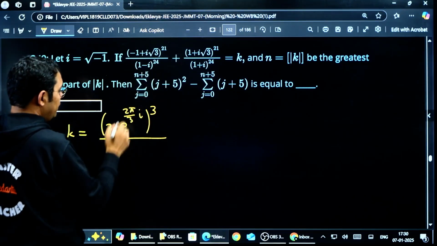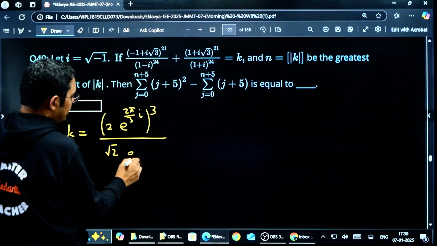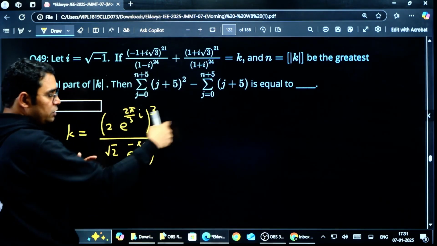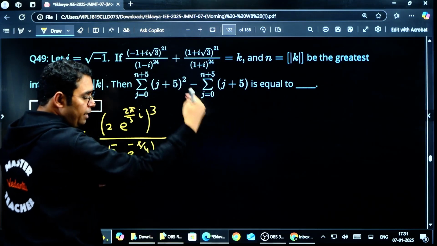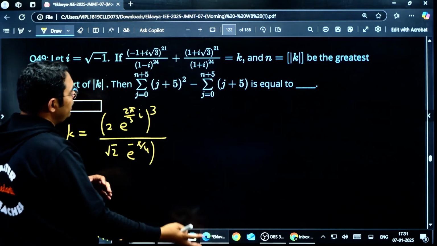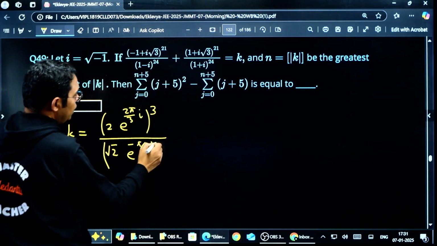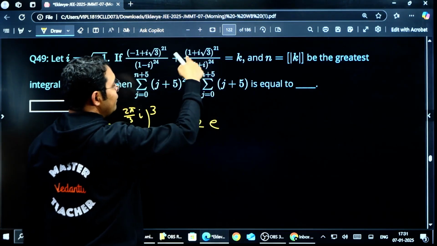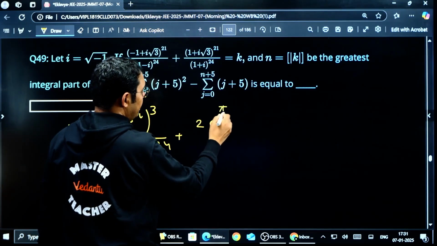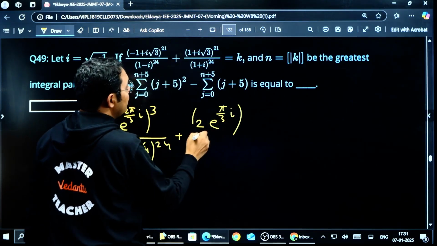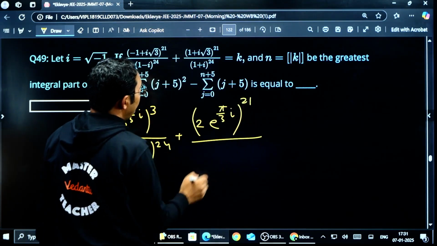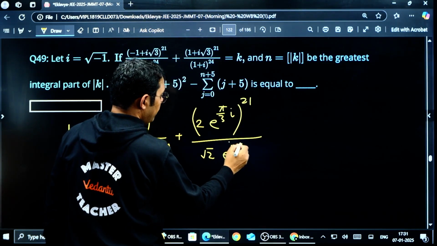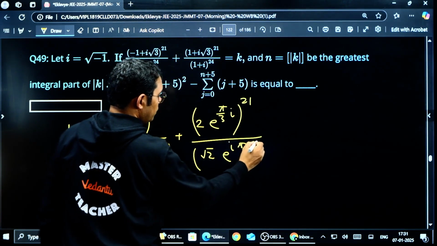For this one, I think the mod is √2 and its argument is minus pi by 4. Let's check. 1 on the right-hand side, minus iota downside, so it will be the fourth quadrant. So minus pi by 4. Here you can check it is 2 e power pi by 3 iota, power 21, upon √2 e power iota pi by 4, power 24.